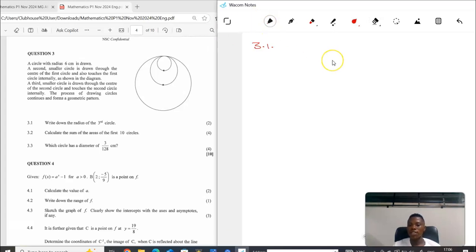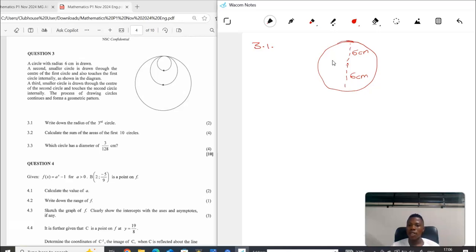Here's our first and second. The first circle's radius is 6 centimeters.